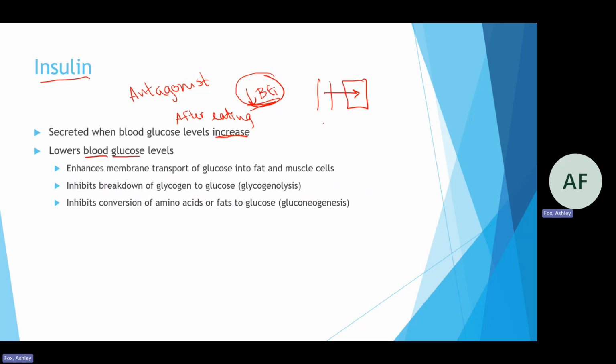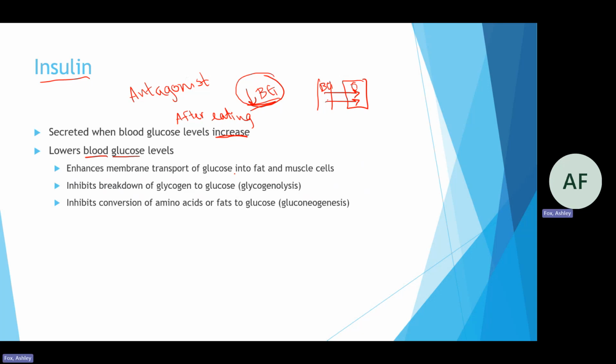Glucose has to have insulin to allow major transport into the cell. So that's how glucose will go from the blood to the cell. It was BG, but now it's just G in the cell. It hasn't changed or been lost, but it's no longer circulating in the bloodstream. So if you take a blood sample and look at it, it's going to be lowered.